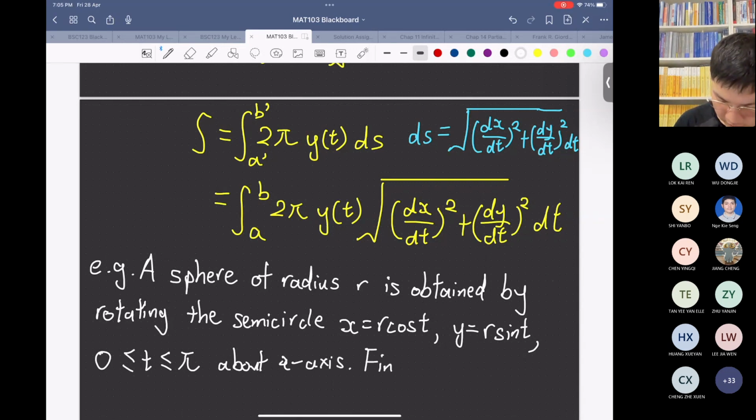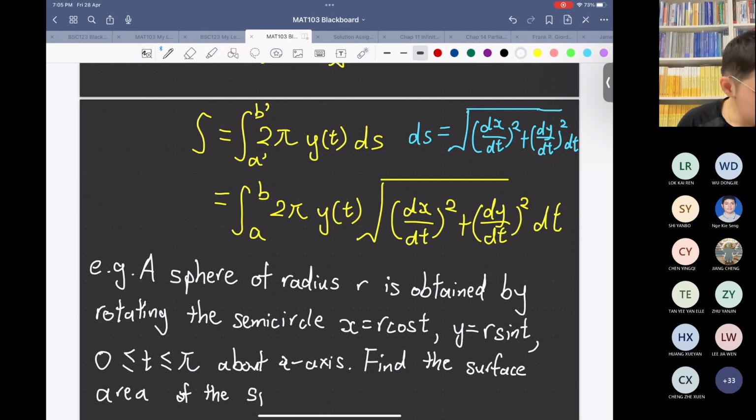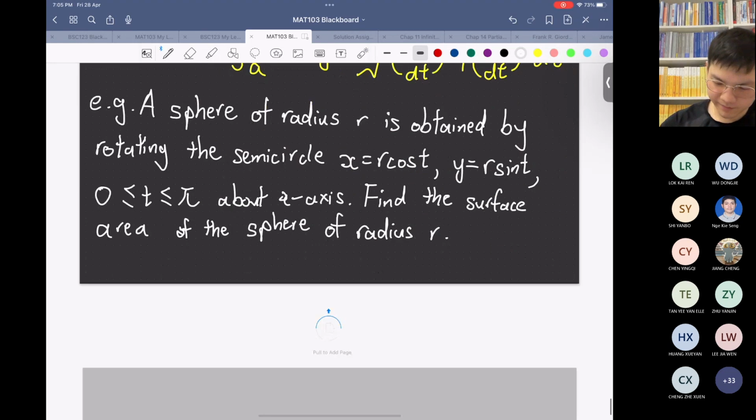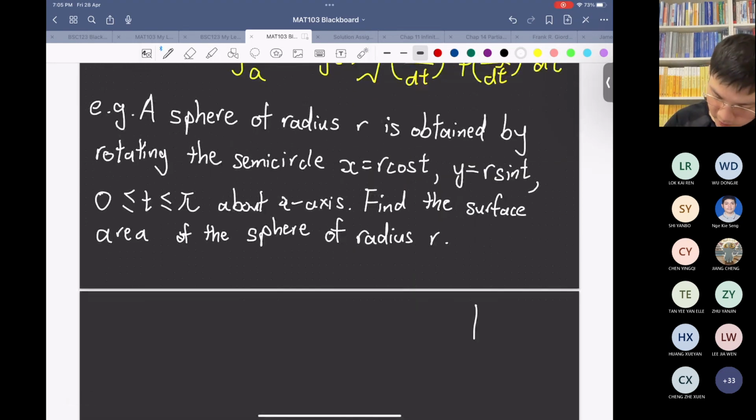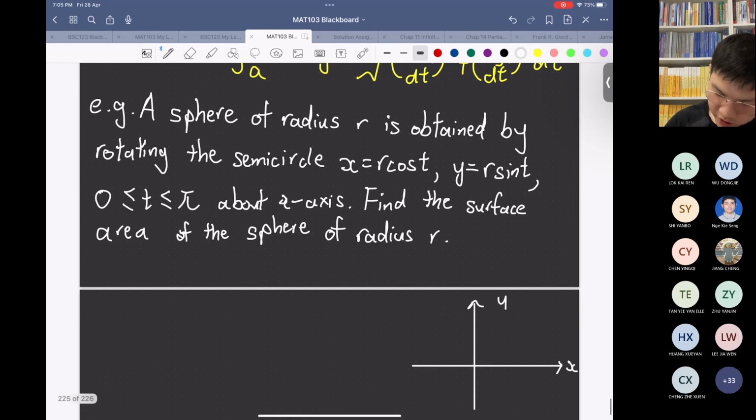So find the surface area of the sphere with arbitrary radius r. Really, we should draw out the picture. We draw the xy plane, and then look at our plane curve, which is the top hemisphere.